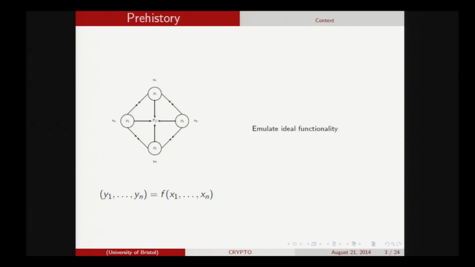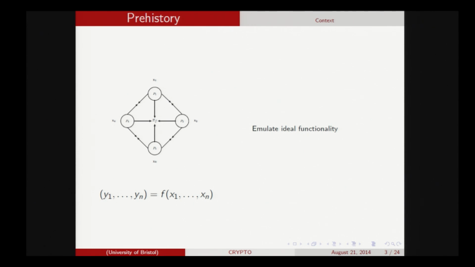OK, so what is MPC? Well, we have had many talks today on MPC, so I won't be long on this. Just let me say that in MPC, you have a set of parties, and they wish to compute a target function that is public on some given inputs. To do so, they exchange messages, basically. They engage in a protocol such that the outcome of this protocol is exactly the output of the function that they want to compute.